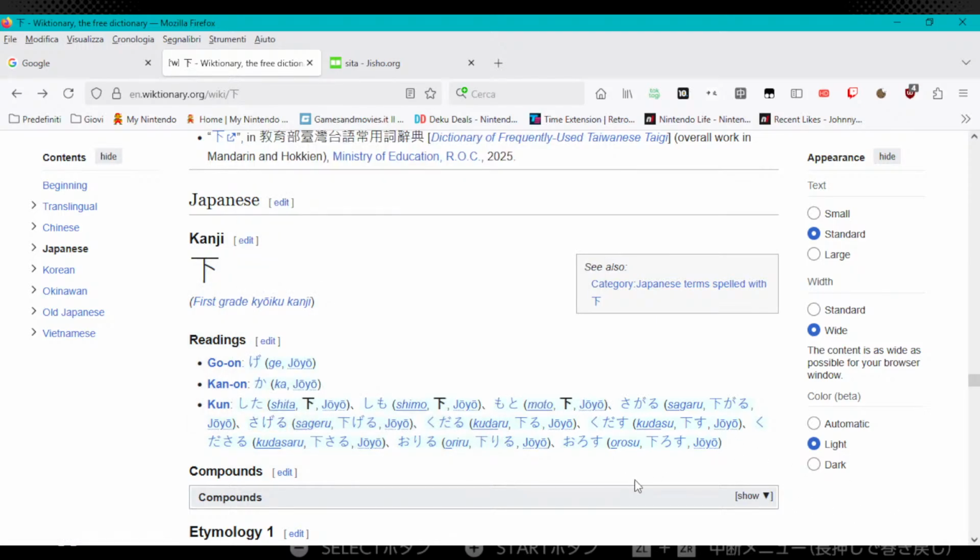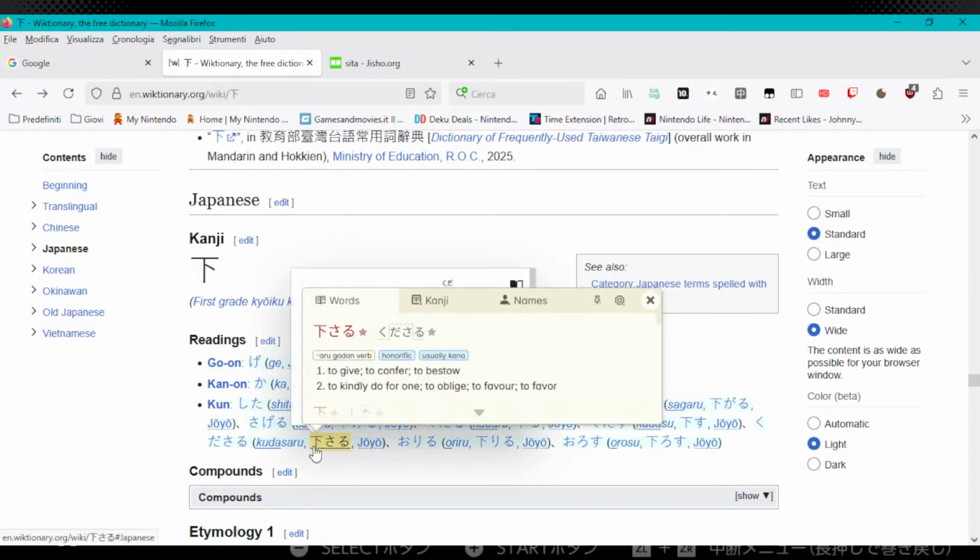And then, let's ignore the other ones for now. We have the one that we saw in our writing. Kudasaru, accented, is an honorific verb, which means to give.